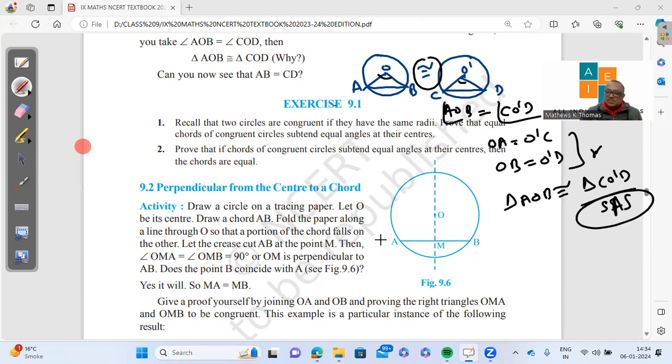The first one was SSS. Now we have side, angle, side. And therefore, what can we say? If the angles are equal, then the chords are equal. And this was, if chords are equal, then angles at the centers are equal. Of course, they have to be congruent circles. Only then can we equate OA and O dash C and OB and O dash D, because only radii of congruent circles are equal. So that's the first exercise, 9.1.